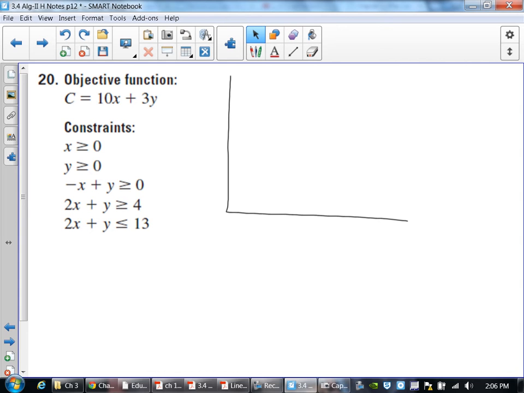Where's first quadrant? I want to look at this one right away. Negative x plus y is 0. That's x equals y. There you go. Shading wise, we'll pick our next equation when we go to graph it, and use one of those points to shade both of them. X-intercept of 2, y-intercept of 4.